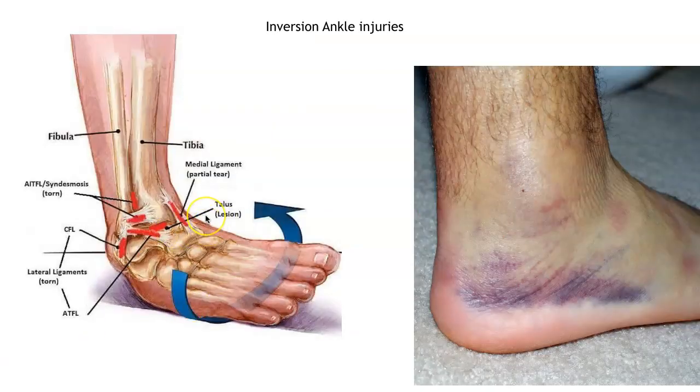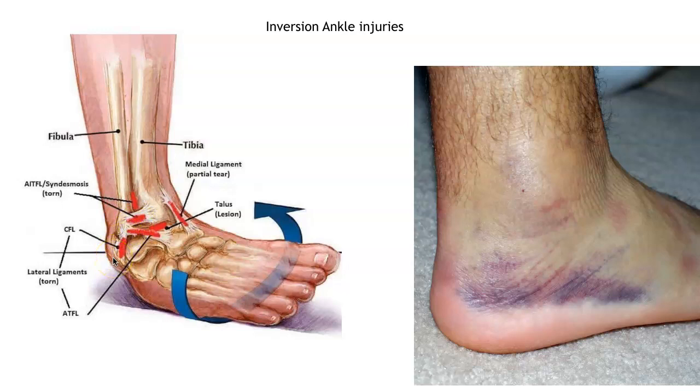What happens when you have an inversion ankle injury? So here is an inversion of your ankle and foot. The sole of the foot is pointed inward. Where is all the stress going? The stress is going to the lateral part of your ankle. All the force is going laterally. Do that on yourself.